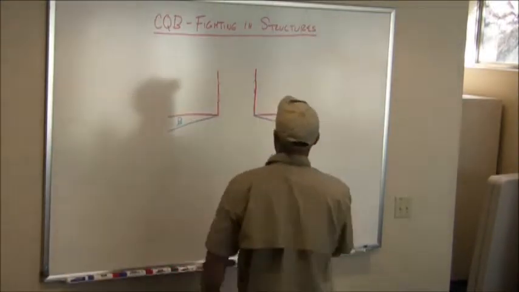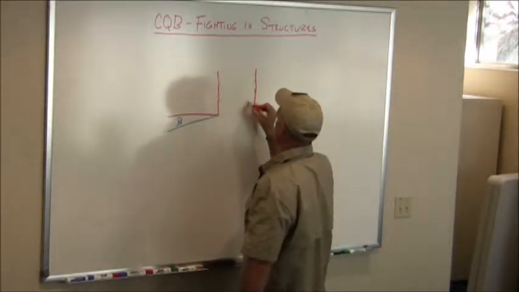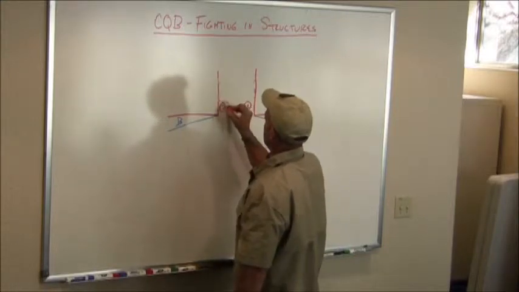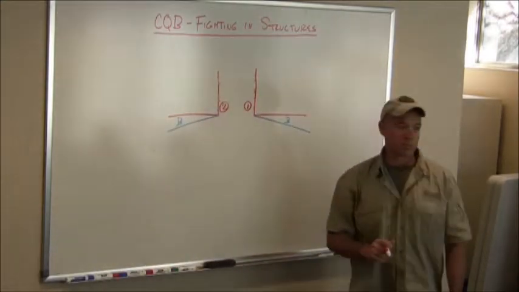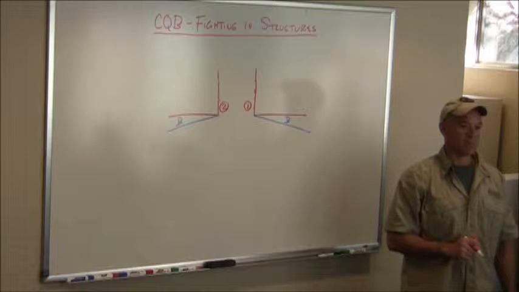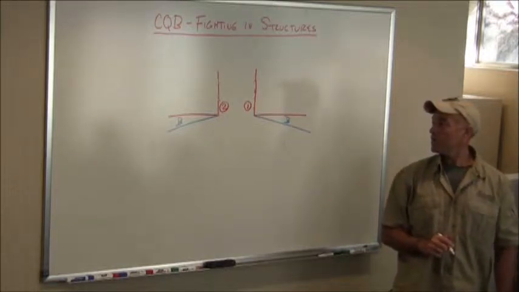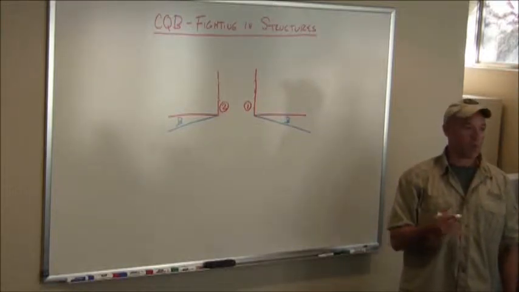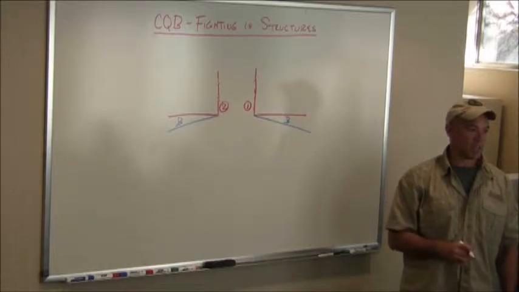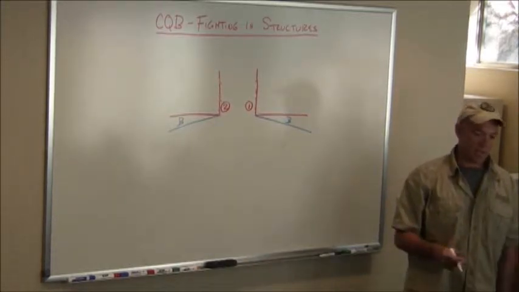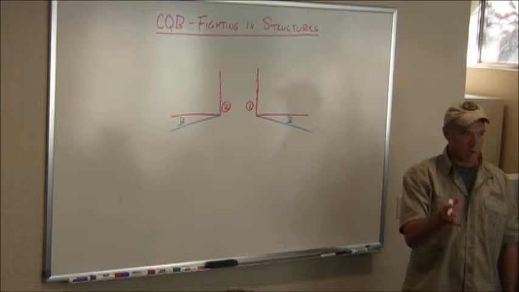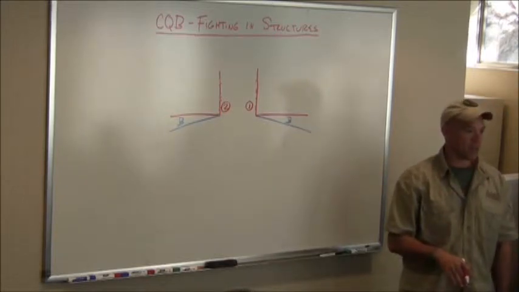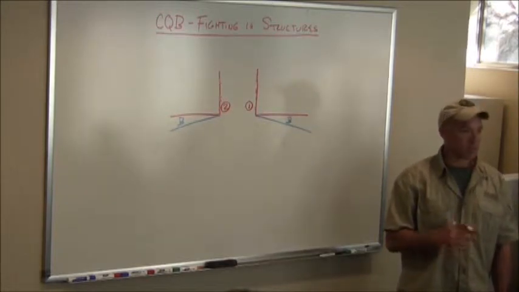Now, we can end up with 1 and 2. Knowing what we know about movement, what's the best way for them to take the spot? Crisscross. Guys will say button hook. Just remember the guys in South Africa that got shot up, okay? Not a good idea. It's faster to do a crisscross.